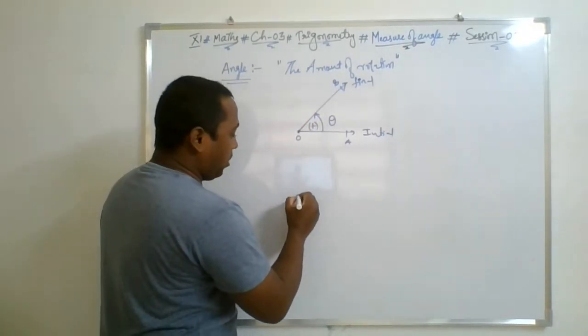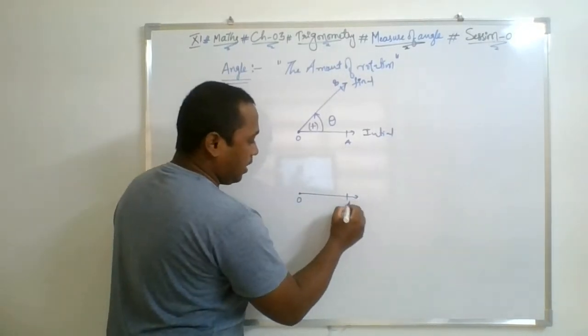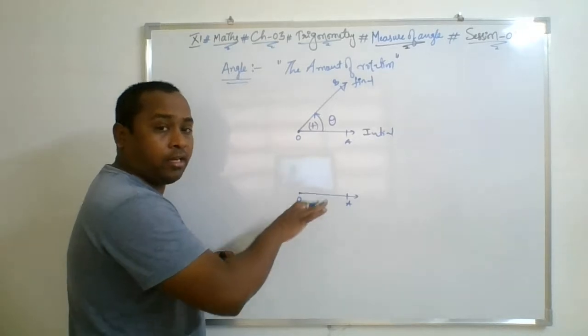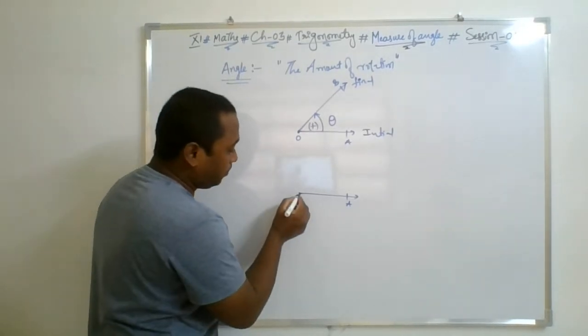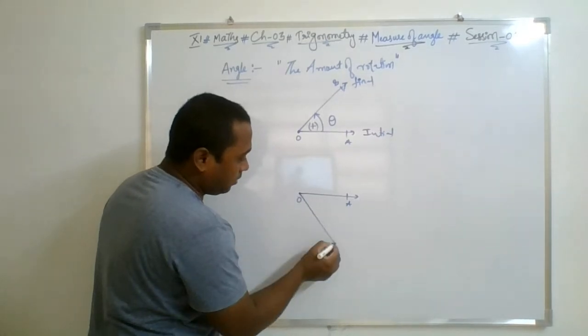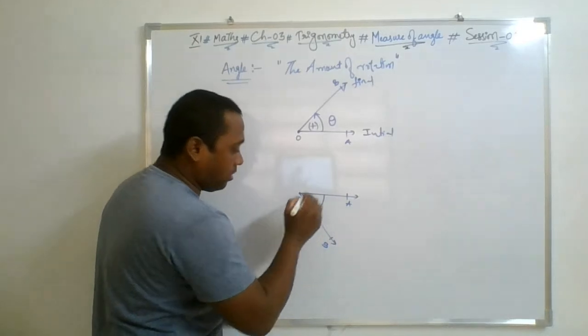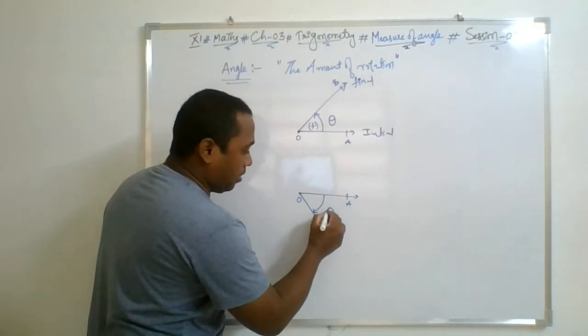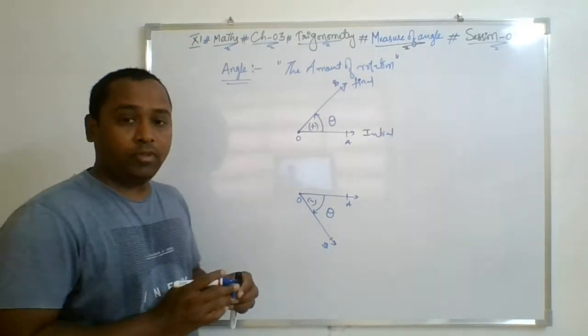If the same ray OA is rotating in clockwise direction, and it gets the position OB after moving some angle, right? This angle is known as negative angle, right?